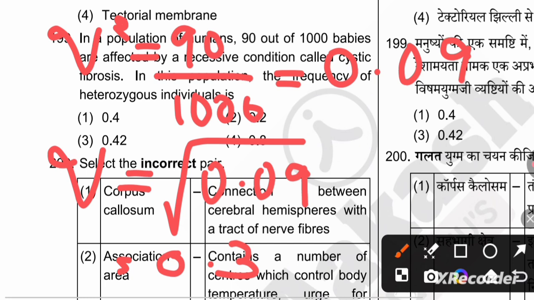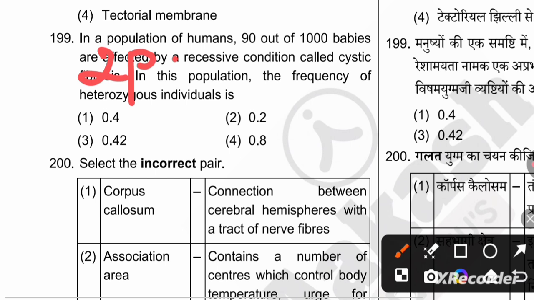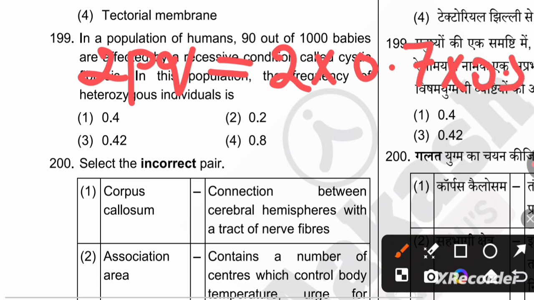If you want to find p, it will be 1 minus q. 1 minus 0.3 is 0.7. So p is 0.7 and q is 0.3. Then 2pq will be how much, children? 2 into 0.7 into 0.3. How much will we get? We get 0.42. 2pq is equal to 0.42. So here 0.42 is the right answer for this question.